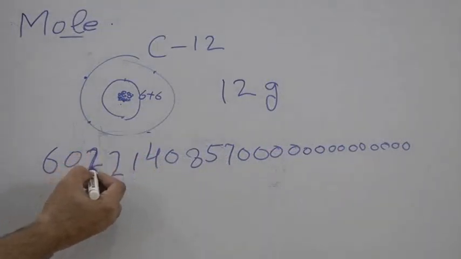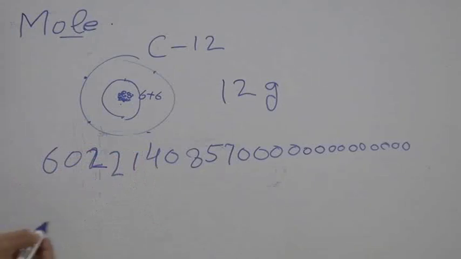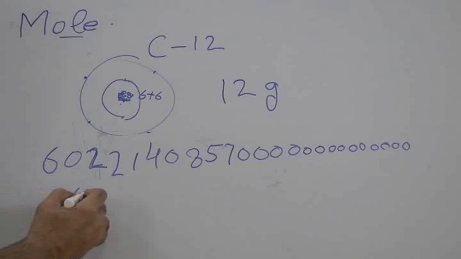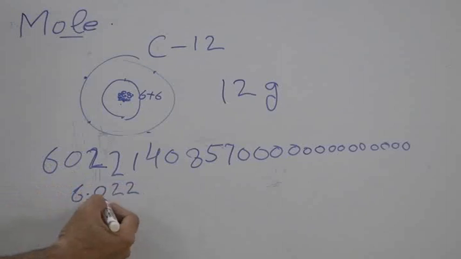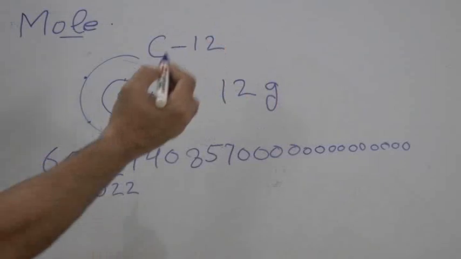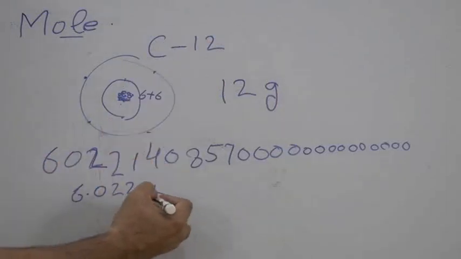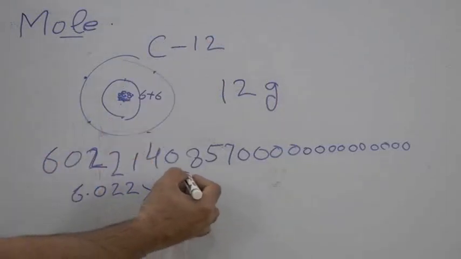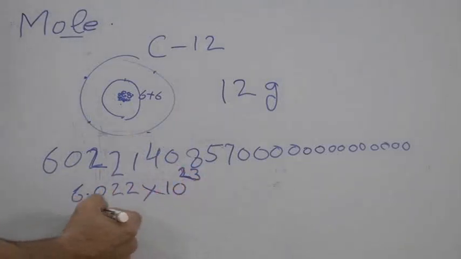In scientific notation, we put the decimal just after one digit, means 6.022, and after the decimal usually we take 3 digits and we ignore others. That is why we again approximate, that is equal to 6.022 into 10 to the power 23, this much number.